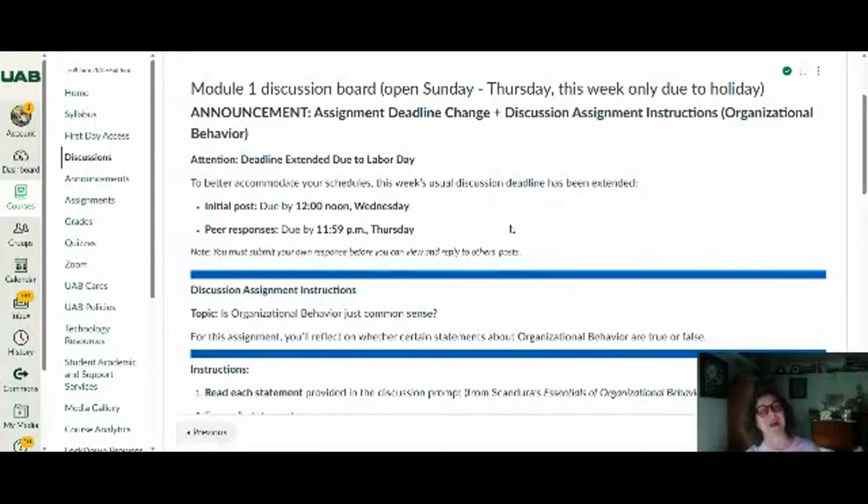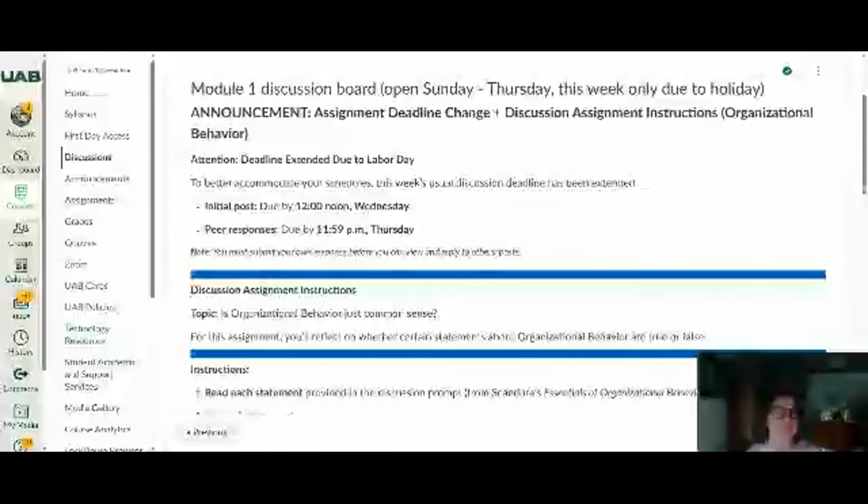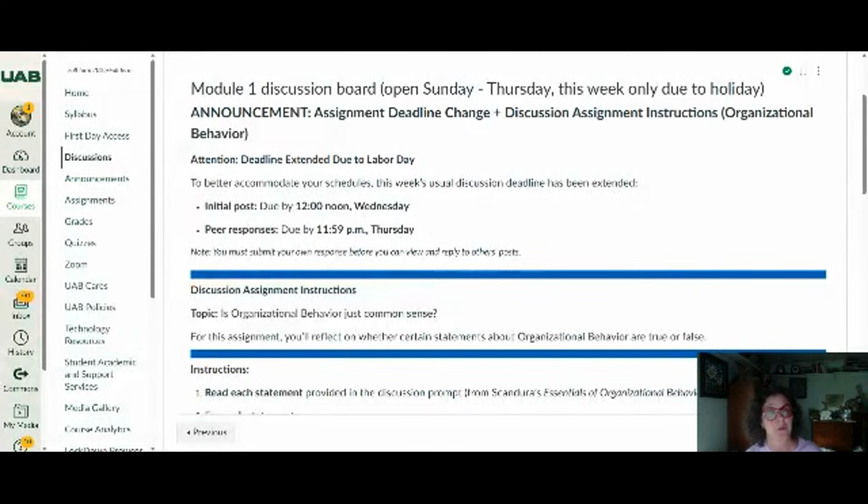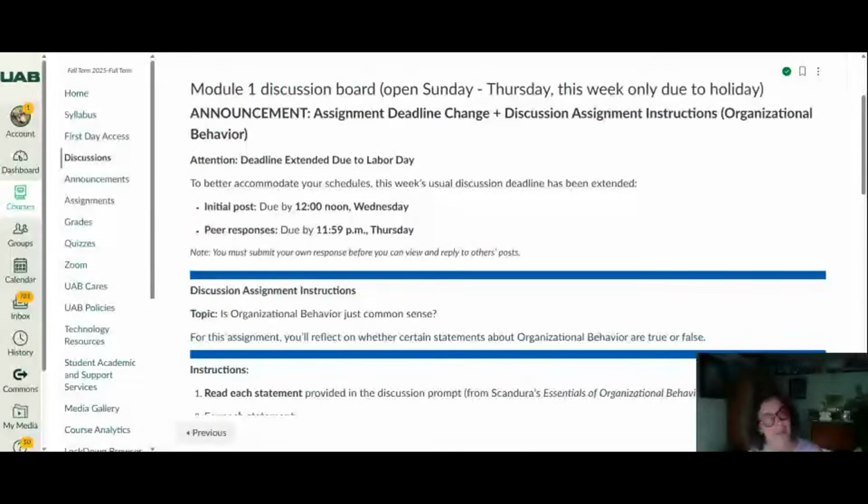Well, this is a bad one. Usually it's noon Tuesday, but our first discussion board is Labor Day week. So do note Labor Day is a little bit different than the rest. Normally this would say due at noon on Tuesday and peer responses on Wednesday. Again, it is a holiday on Monday and nothing's going to be due on Monday, which means it puts everything off a day.